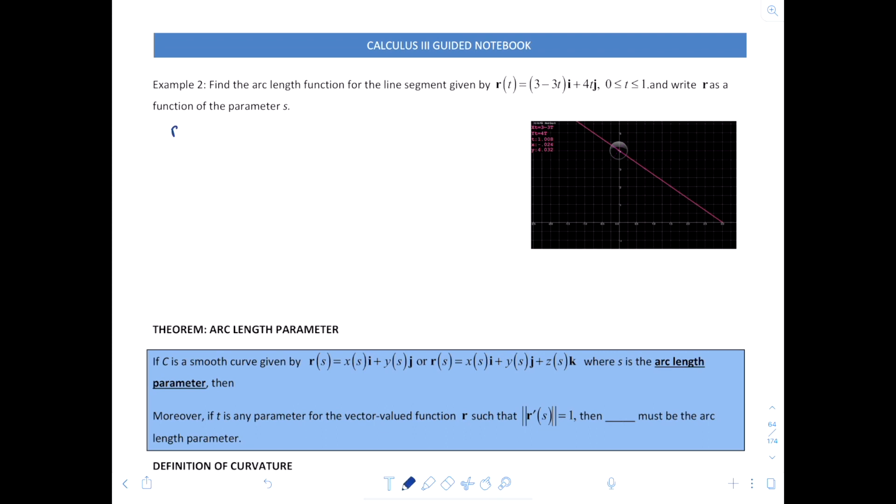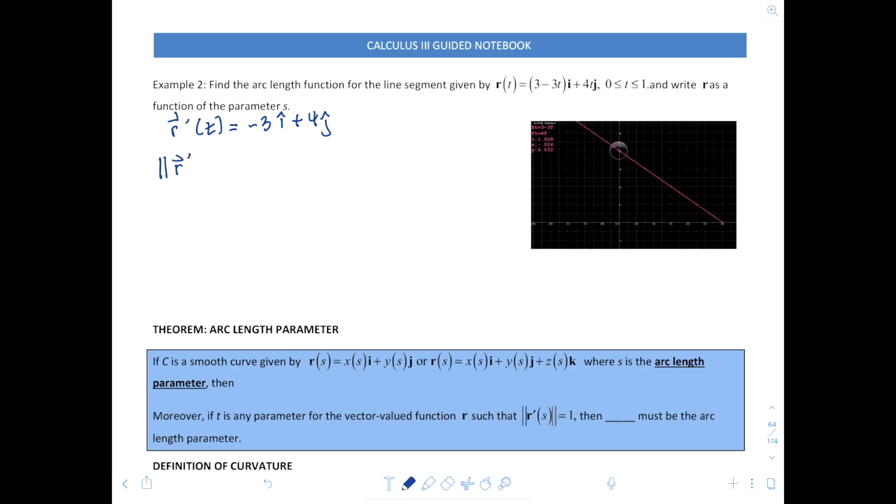Remember, r prime at t would equal what? Negative 3 times i plus 4 times j.